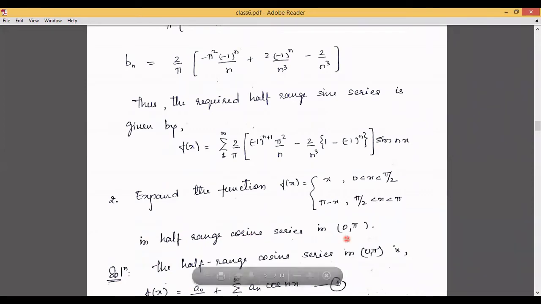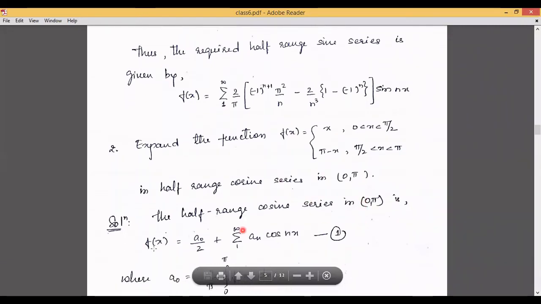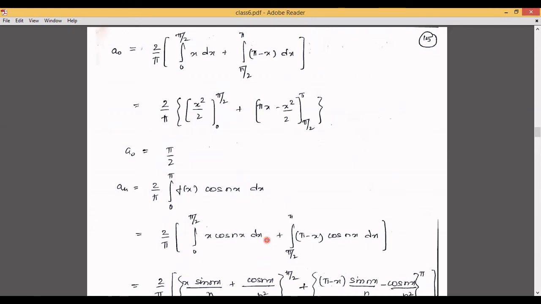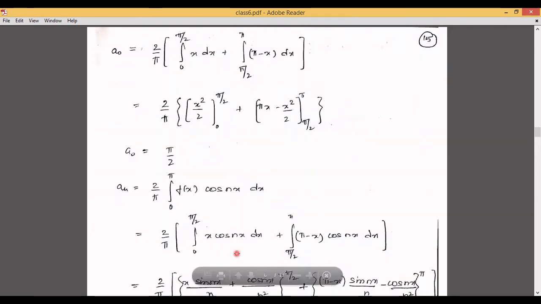So here the interval is 0 comma pi, but you need to use half range cosine series. The formula for half range cosine series in the interval 0 comma pi is f of x is equal to a naught by 2 plus summation 1 to infinity a n cos nx, where a naught is equal to 2 by pi integral 0 to pi f of x dx.